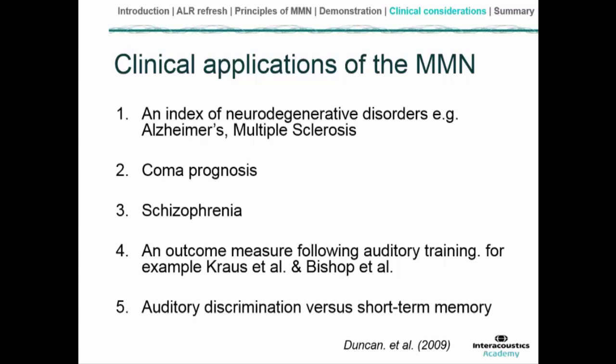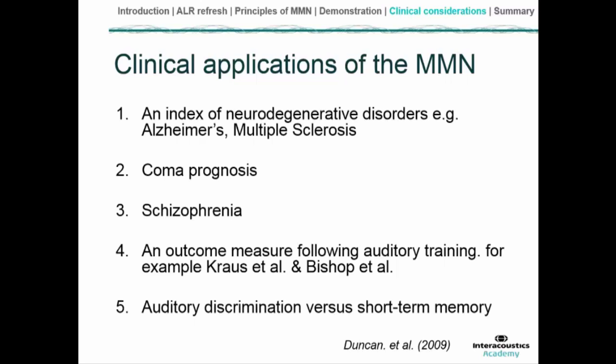So this is a good example where the MMN can help to shed light on some of the actual mechanisms of a disorder, as well as potential for directing treatment options. Individuals with schizophrenia tend to show the reduced MMN, but it might also be a predictor of who else, such as relatives and family members, might be at risk of such a disorder, by measuring their MMN as well.